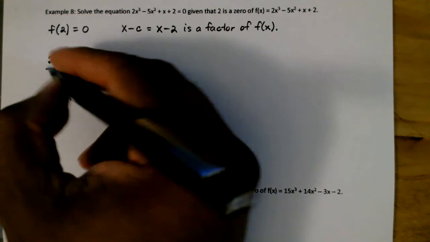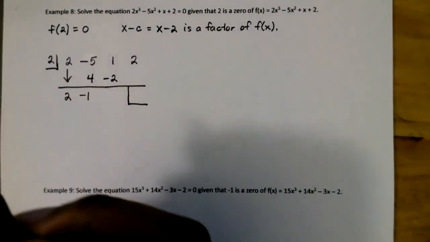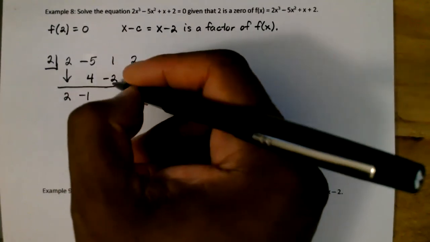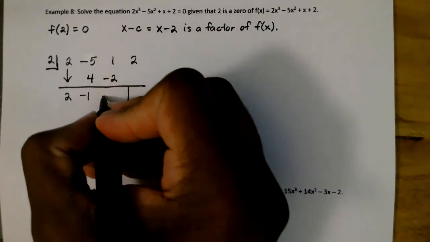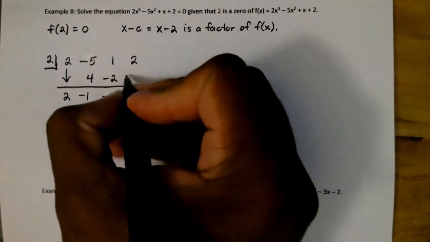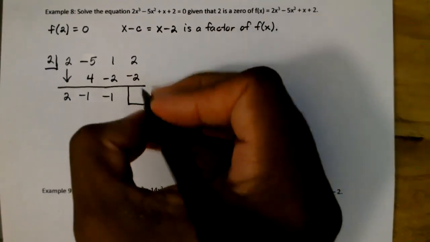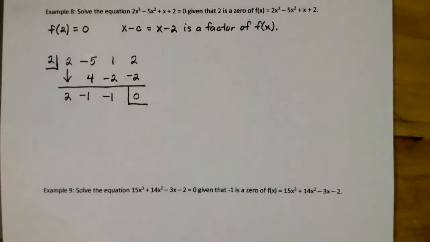And then multiply 2 times -1. That'd be -2. Add 1 and -2 together, you'll get -1. And then finally, 2 times -1 will be -2. Add 2 and -2 together, you get 0. And I would expect to get a remainder of 0 because I know that x minus 2 is a factor of the function.